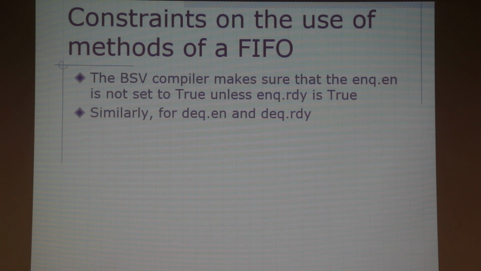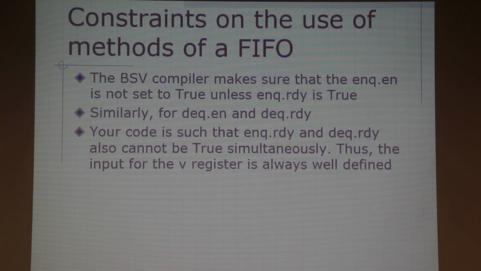Very important for us, because that's a very, very high level invariant in Bluespec: no enable can be set unless the corresponding ready is true. Your code is such that NQ ready and DQ ready cannot also be true simultaneously. Thus, the input for the V register is always well defined, right? More on this topic in the next lecture.